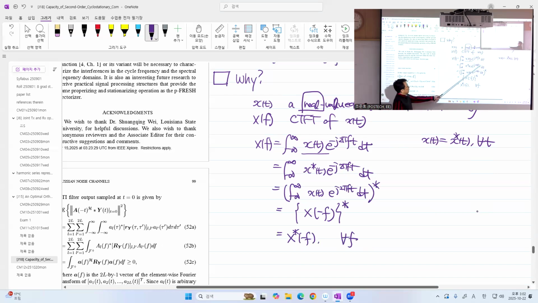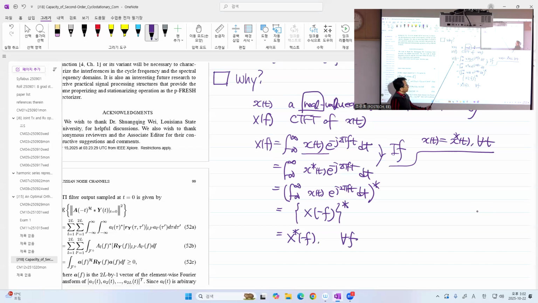So if x is real, then what happens? Then the Fourier transform at f contains the same information as the Fourier transform at negative f.